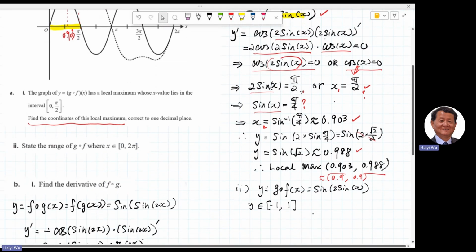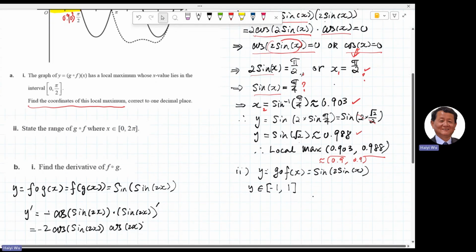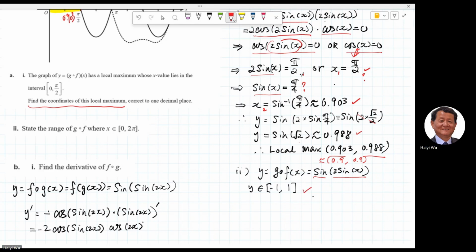That's question A. Then we need to find the range. Sine always lies between -1 and +1, so therefore the range is that.